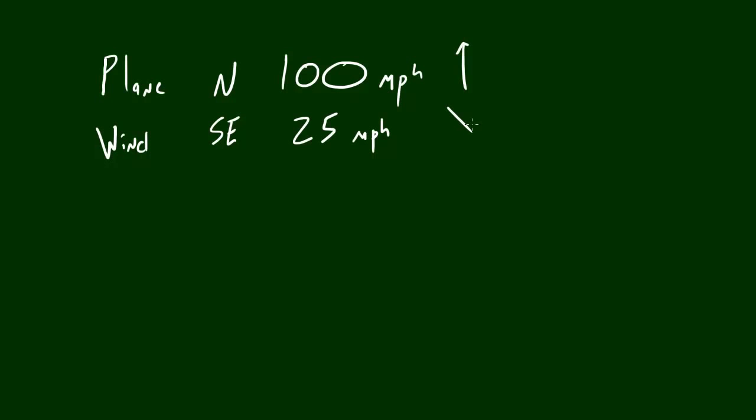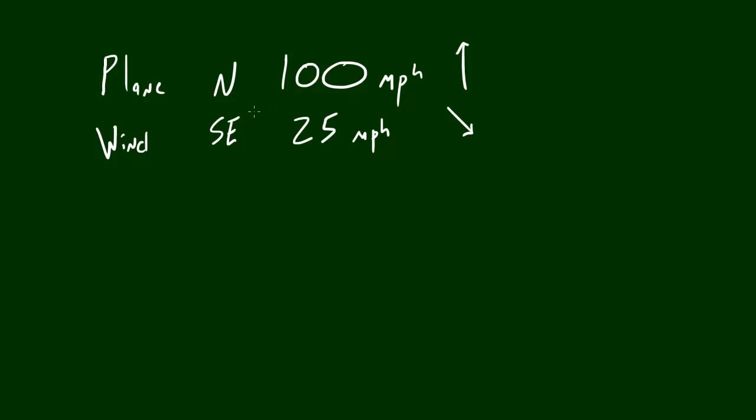Now, of course, southeast, if you're thinking north is up and south is down, is going to be to the right and down. So you have two forces acting in opposite directions, even though they aren't completely opposite, they're different from each other. So how do you find the combined force or the end result of these vectors?